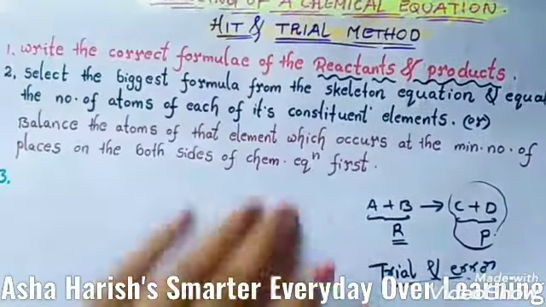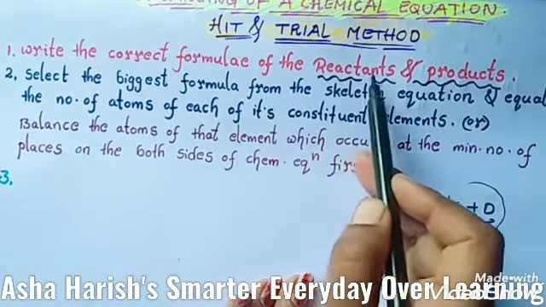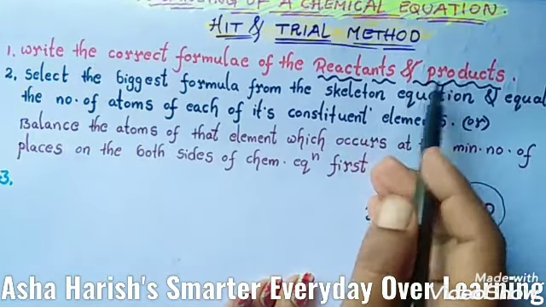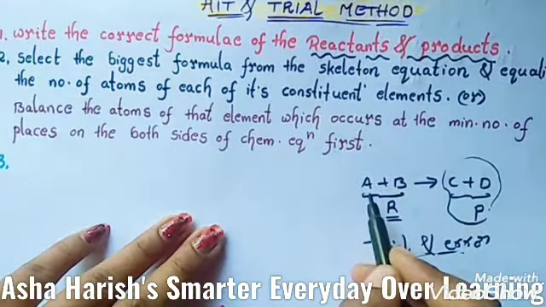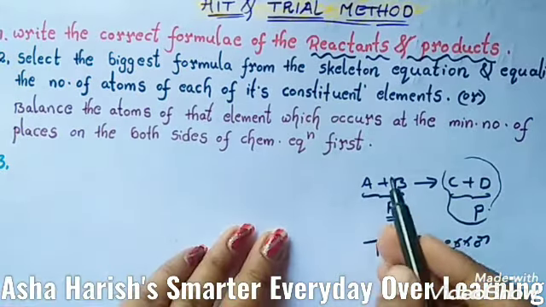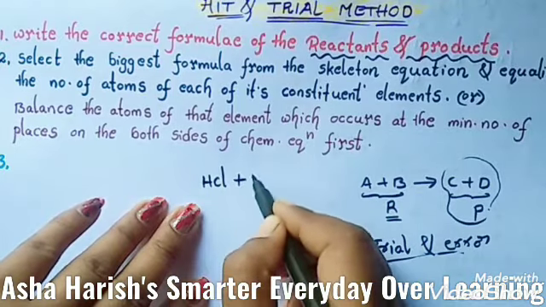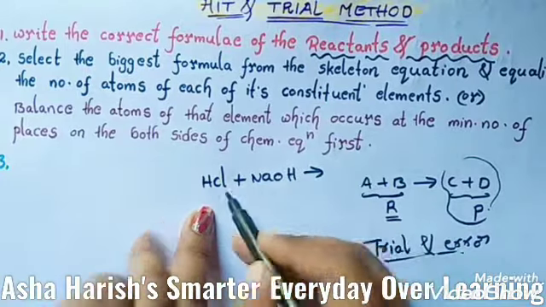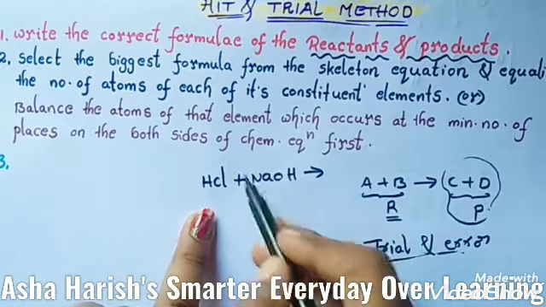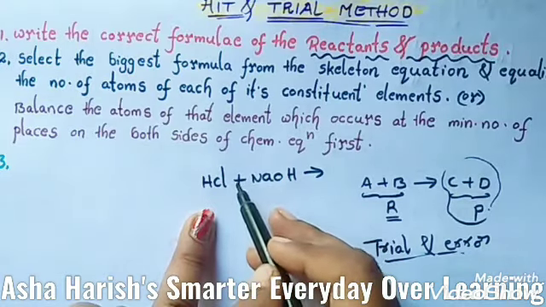First one is the correct formula. Write the correct formula of the reactants and the products, with the plus sign between them if there are two or more. Just like this, HCl plus NaOH, I'm going to write here. These two are the reactants, and I'm separating these two reactants with the plus symbol.